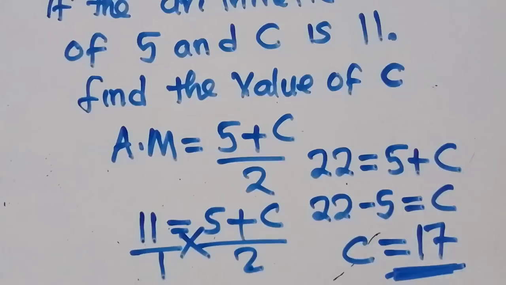Have you seen the way it is? The value of C is 17. This is how you need to find the arithmetic mean.